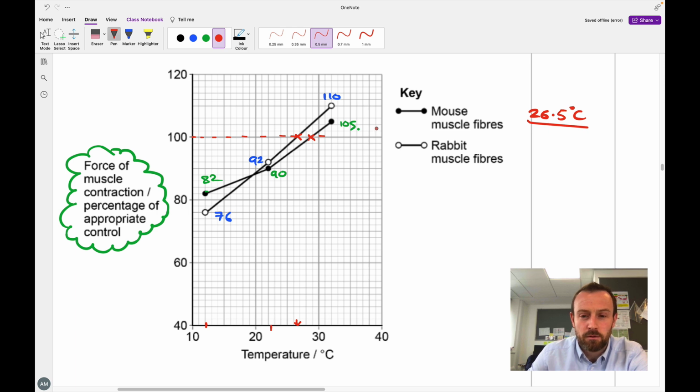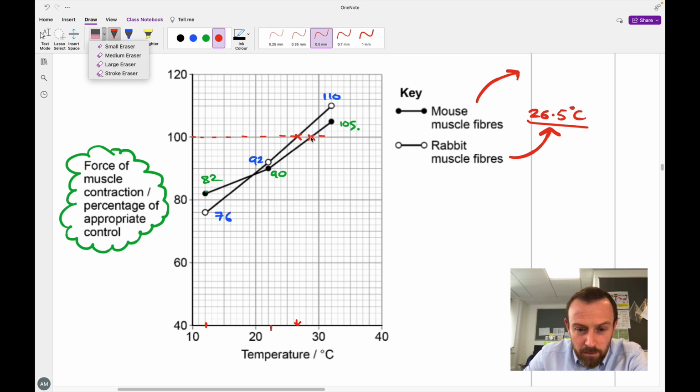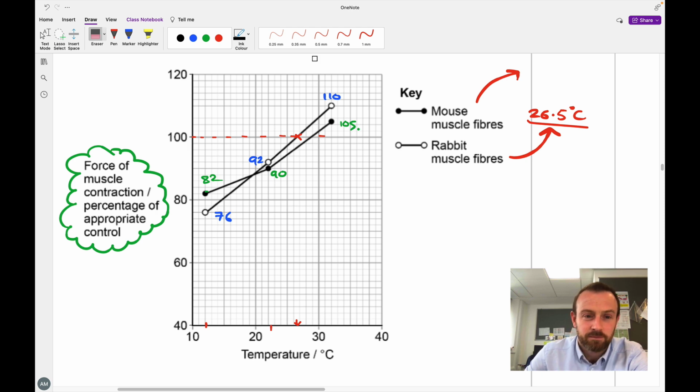Hang on a minute, that is not the mouse, that's the rabbit. Oops. The mouse is this one. Let me remove my mark there because I can't quite tell. That looks to be 29, I'd say.